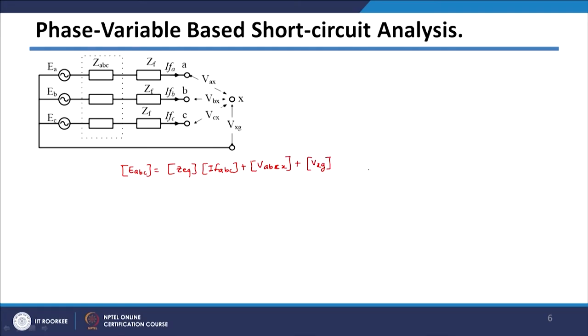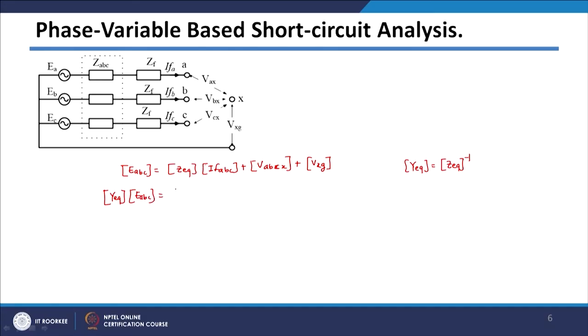Now, I am multiplying this whole equation with Y equivalent, which is equal to the inverse of Z equivalent. If I multiply the whole equation with Z equivalent inverse, it will be Y equivalent multiplied by EABC.